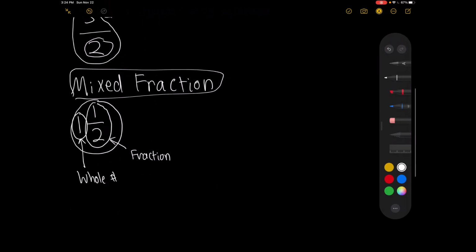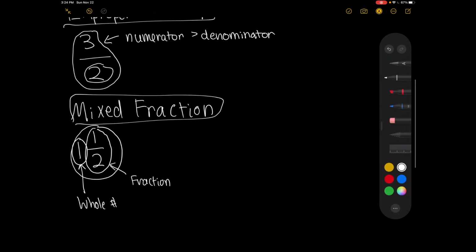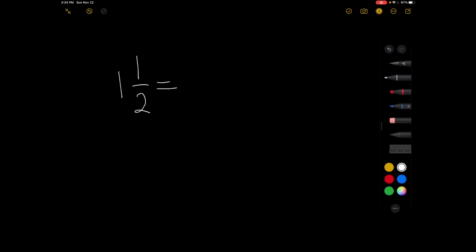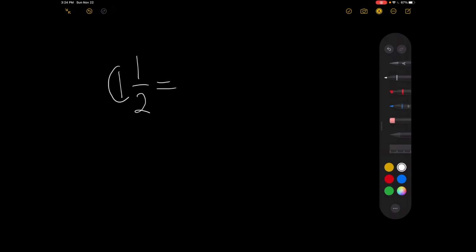Let's go over how we can turn a mixed fraction into an improper fraction. Here we're going to use the number 1 and 1/2. The first step is to take the whole number and multiply by the denominator, so it's going to look something like 2 times 1.